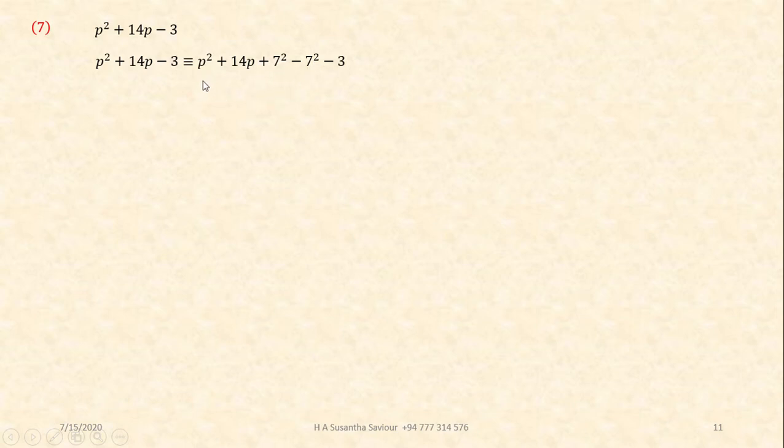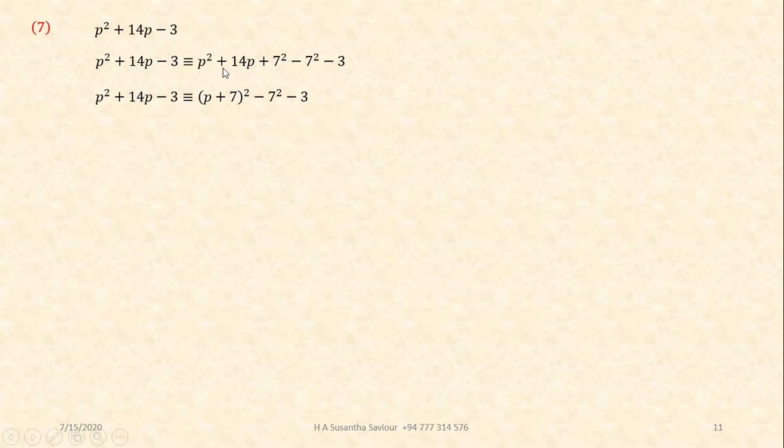Now you take the first three terms and write it as a complete square. Always the added part goes inside the bracket and the subtracted part will stay outside.